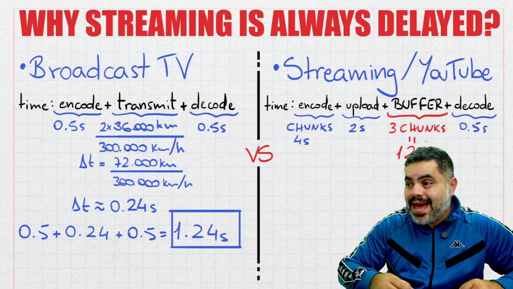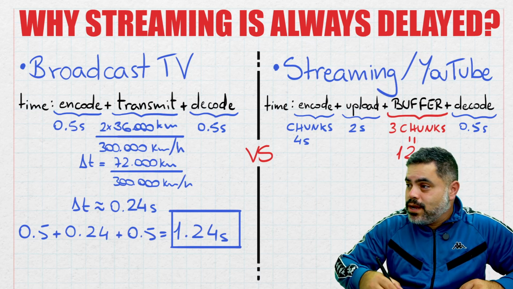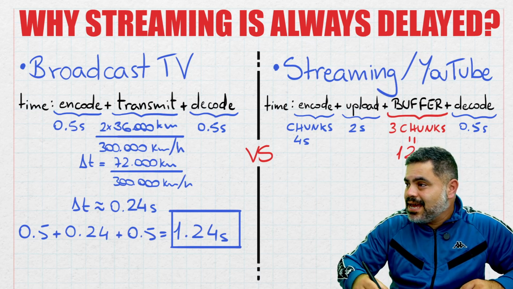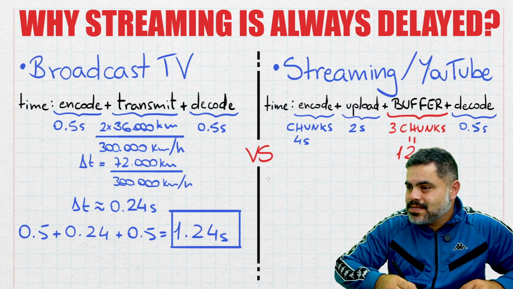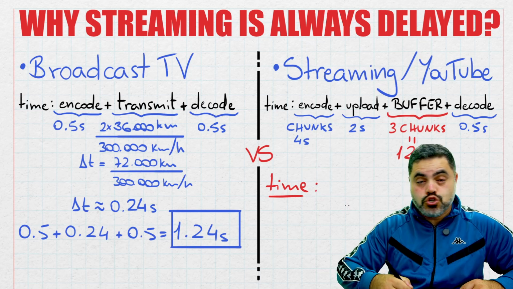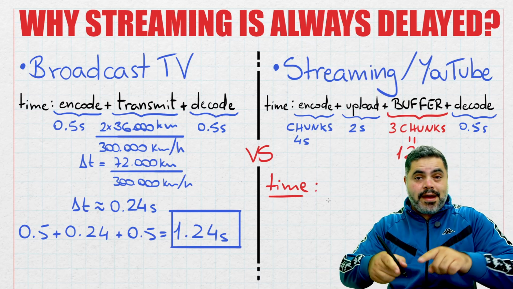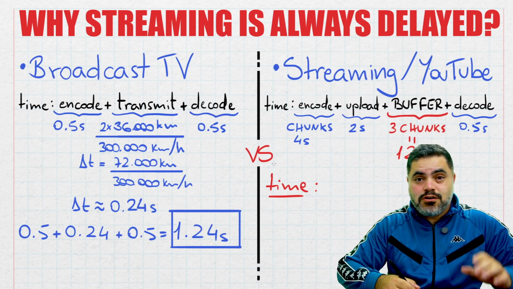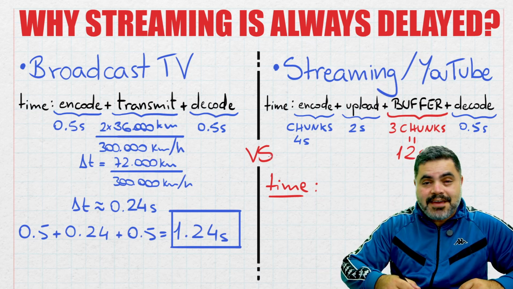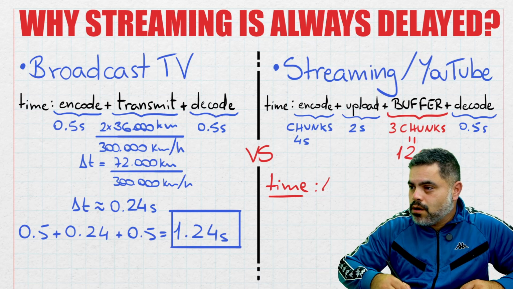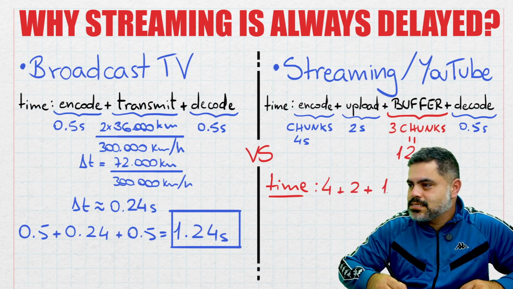Now, if we add everything here, the time spent on YouTube in comparison to the broadcast TV or to the real live event is going to be 4 plus 2 plus 12 plus 0.5.